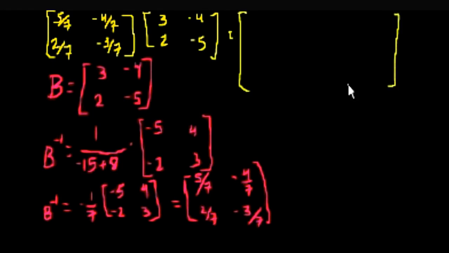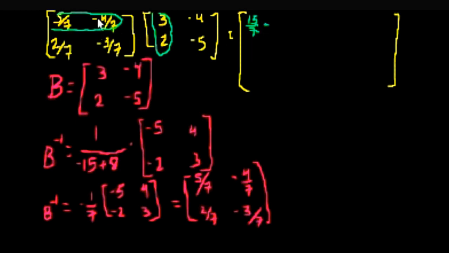I need some space to do my calculations. So let's see. First I'm going to take this row times this column. So 5/7 times 3 is 15/7, plus minus 4/7 times 2.